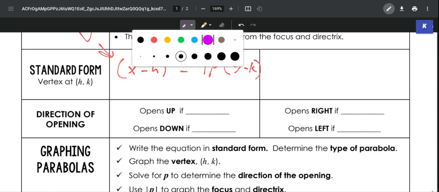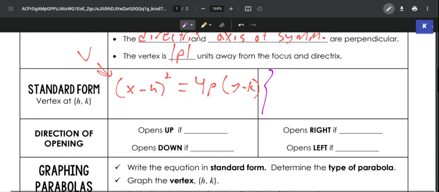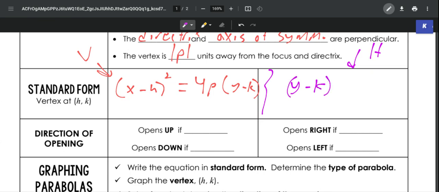As you can see here, we actually have an equal sign that splits up this equation. If you have a vertical parabola, x is going to be on the left side, or you'll see x first if you're reading from left to right, and y will be on the right side. Then the only thing that changes from a vertical parabola equation to a horizontal one is that now y is going to lead. So now we'll have (y - k) squared equal to 4p times (x - h).